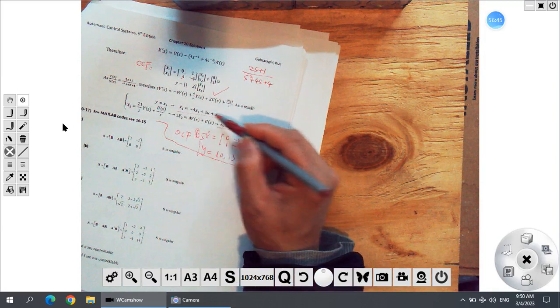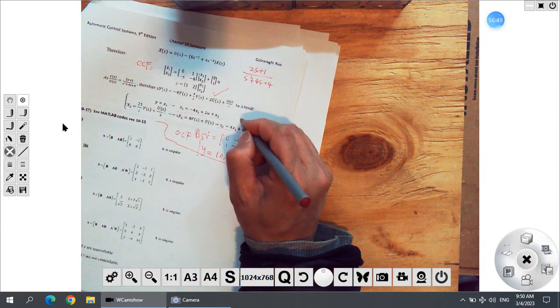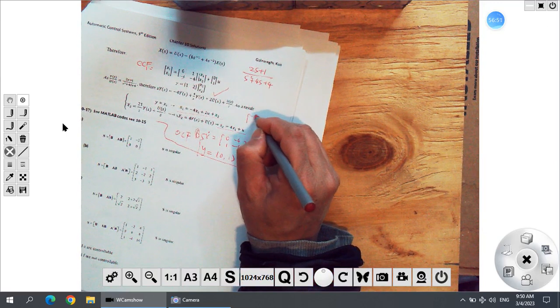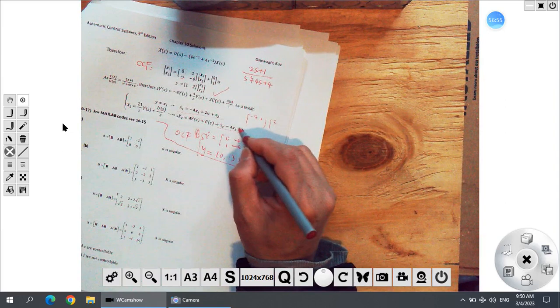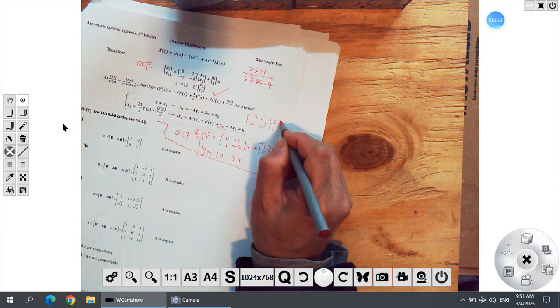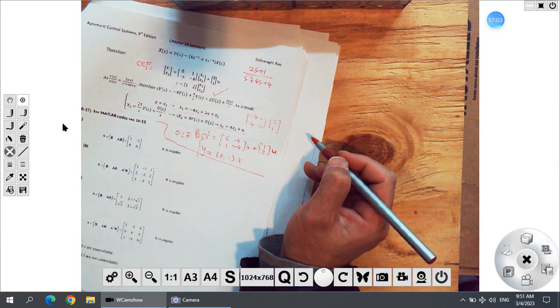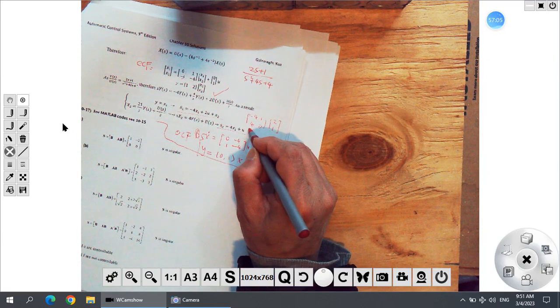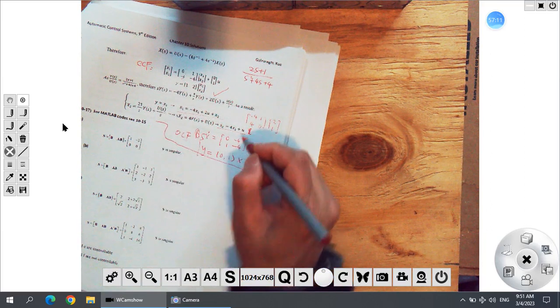And here we can see they use -4 and 1, and here's the 2, and x2 is 4 and 0, and here's 1. What is it? And y equals, y is x1, so it's 1 0.